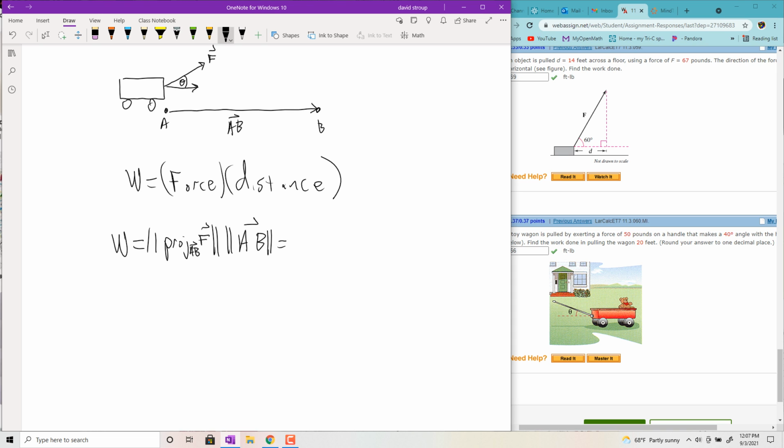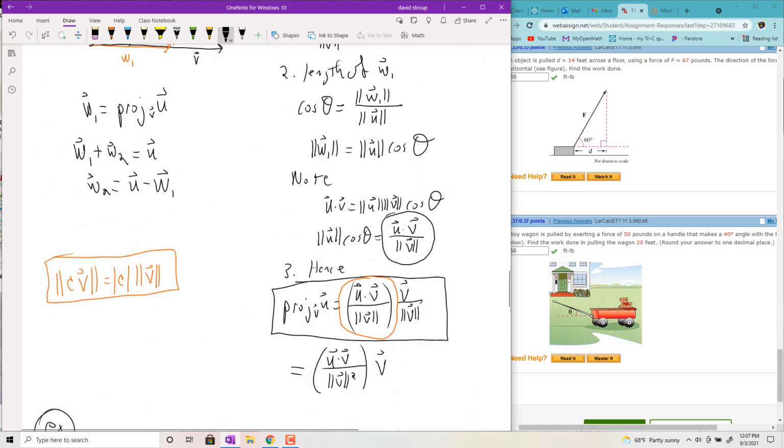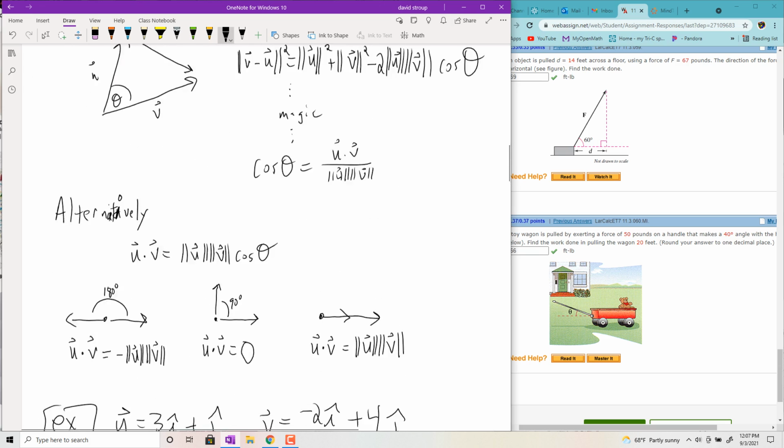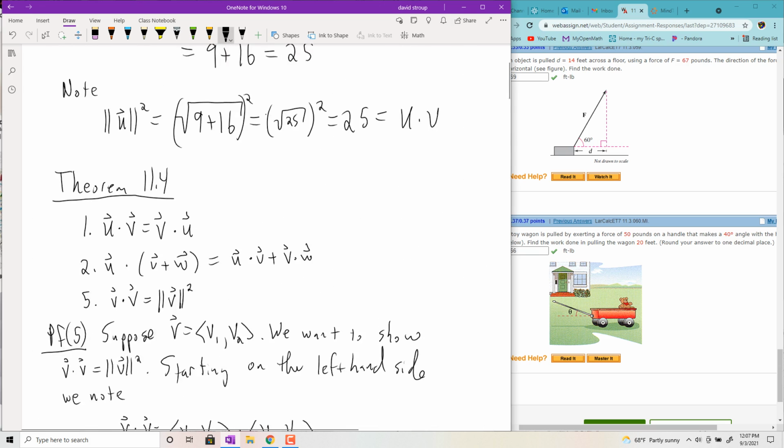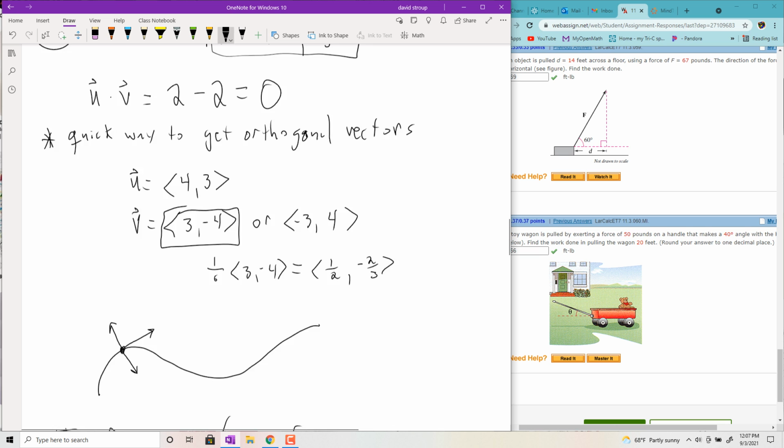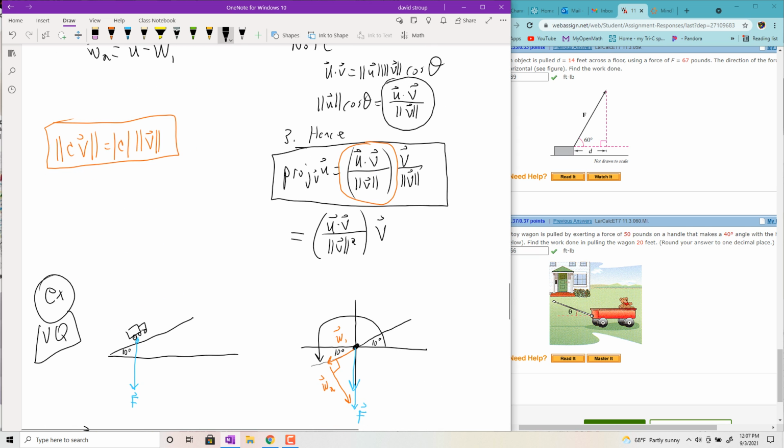Remember, the magnitude of projection is just the part in front of the v over magnitude v. If you look back at our work with projections, the thing I circled in red is the magnitude of the projection.